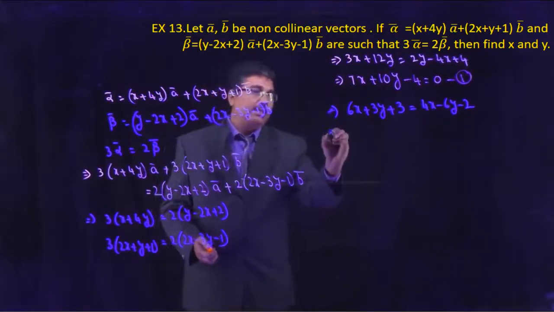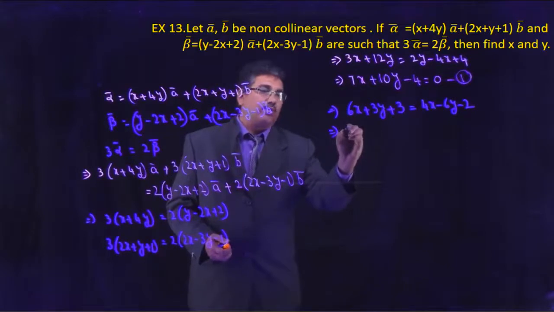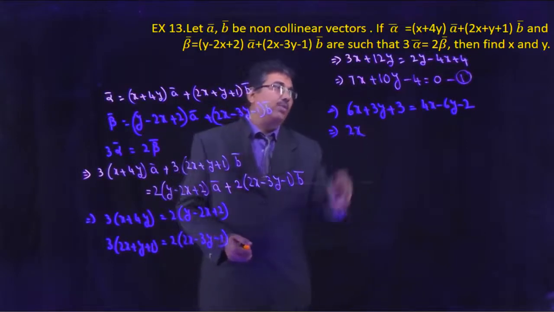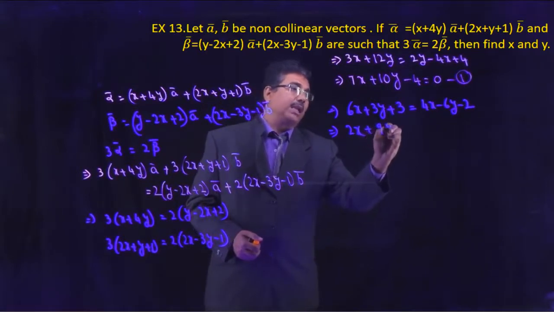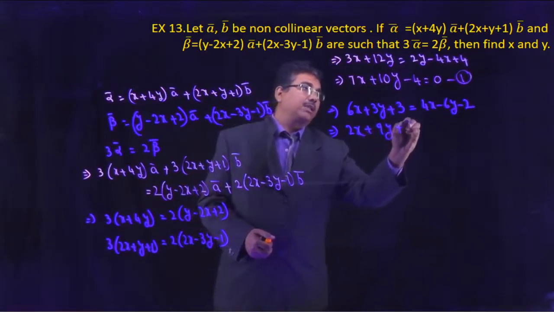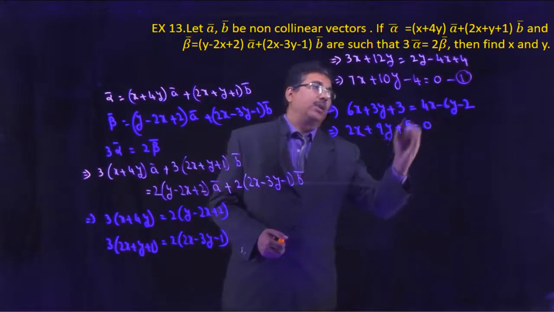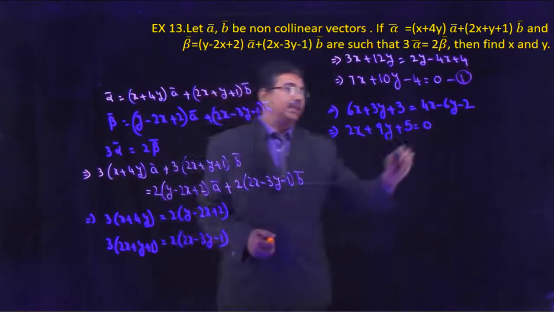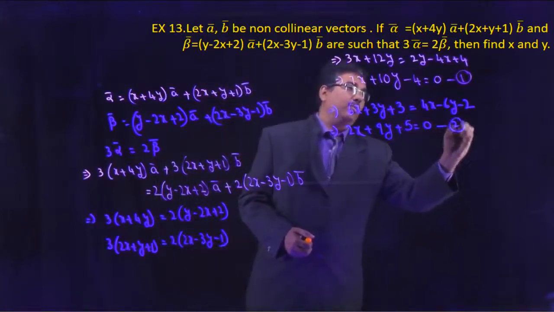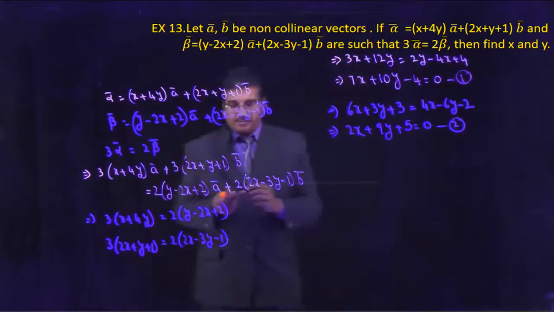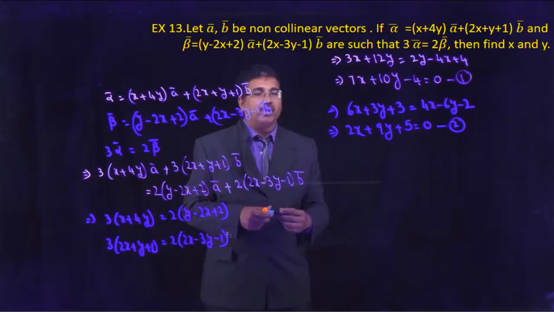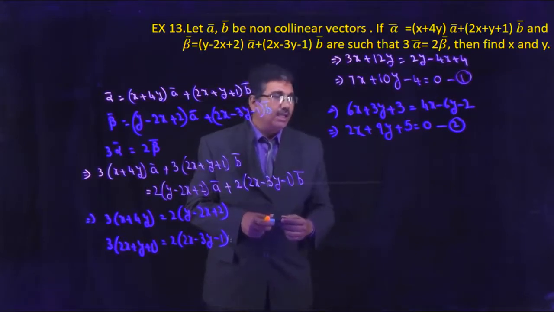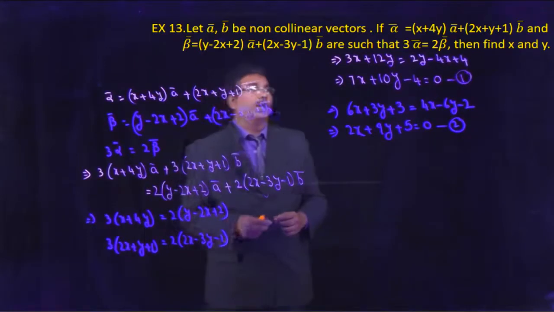That implies 6x minus 4x, that is 2x, plus 3y plus 6y, that is 9y, plus 3 plus 2, 5, is equal to 0. This is equation 2. Now solving equation 1 and equation 2, we get the values of x and y.